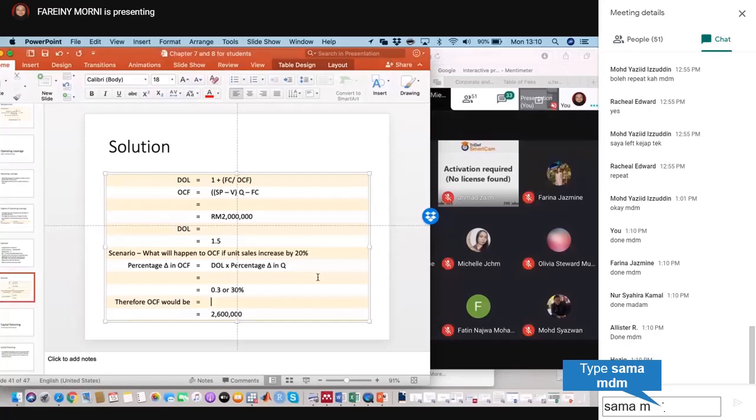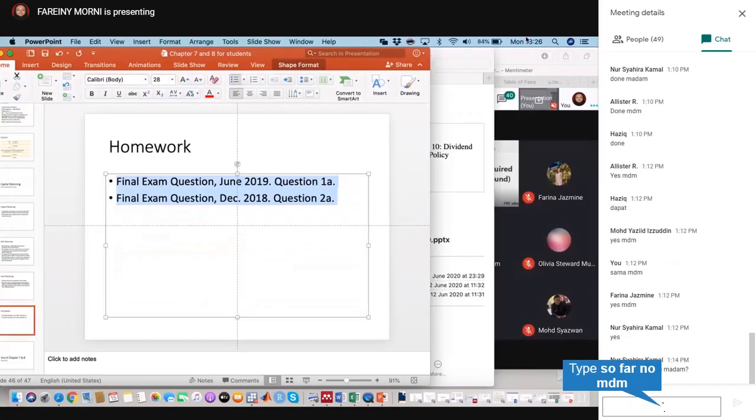So you should get an increase of 600,000 if the sales increase by 20%. So far, semua dapat jawapan yang sama? Yes. All right, so this is very straightforward.